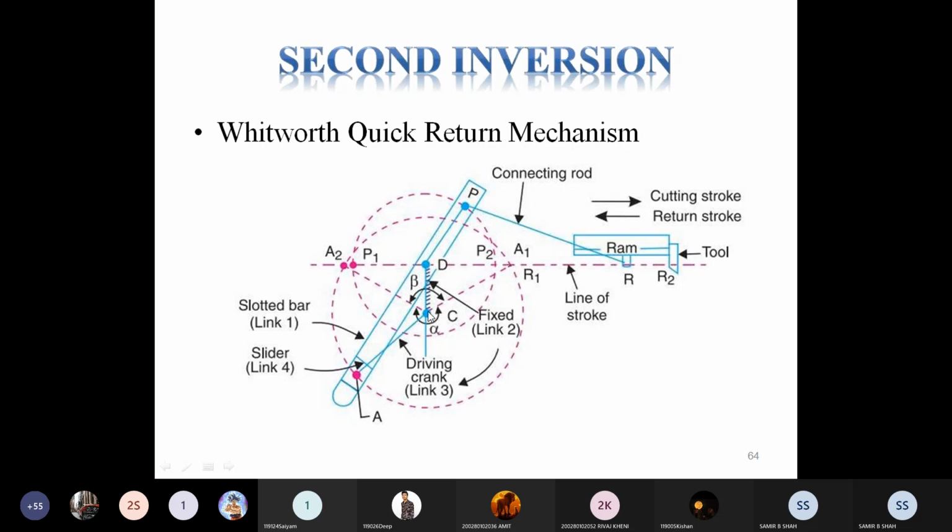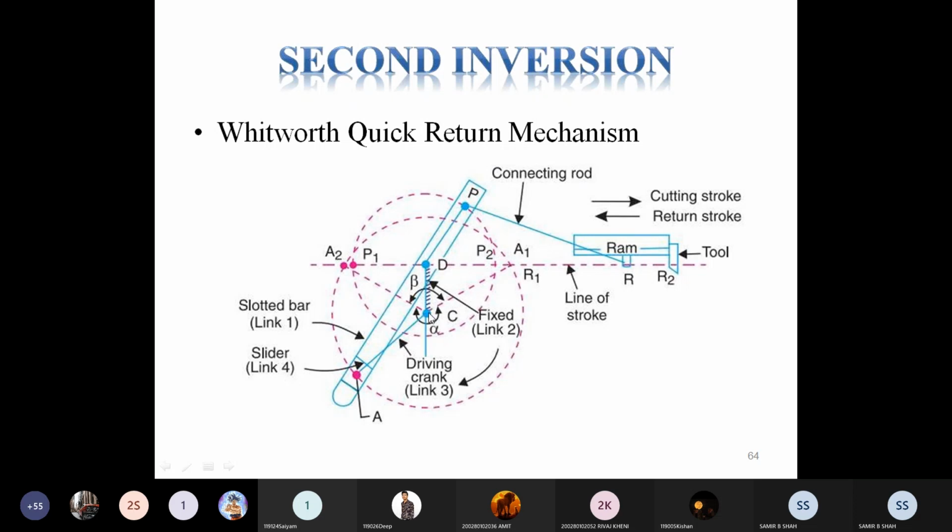Here the focus is on the C point, so CA1 and CA2. We also draw this diagram in the second practical. The cutting tool moves from R1 to R2. I repeat, the cutting stroke is from CA1 to CA2.